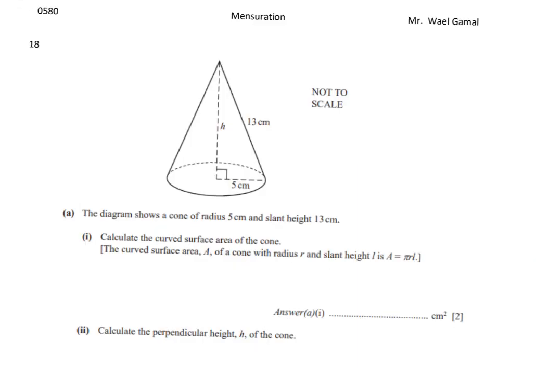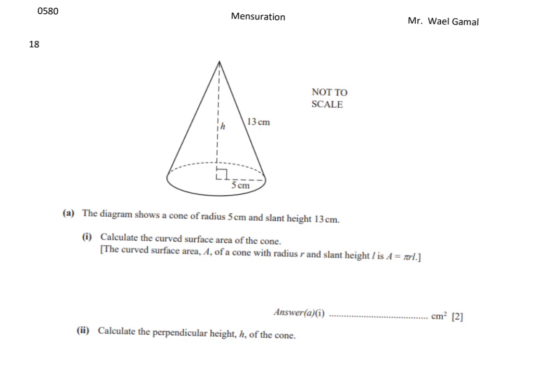Number 18. The diagram shows a cone of radius 5 cm and slant height 13. Calculate the curved surface area of the cone. The curved surface area of the cone, we have the rule πrl, where l is the slant height and r is the radius.